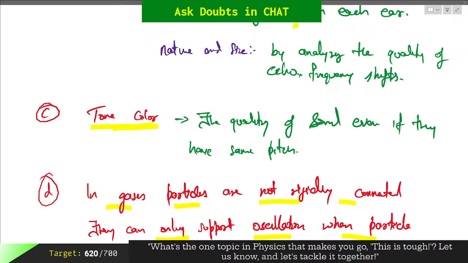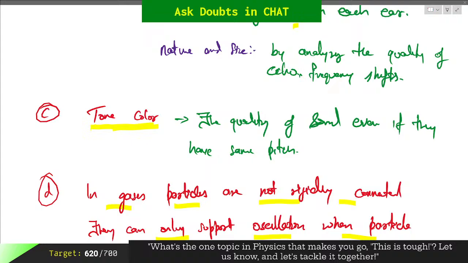The violin and sitar have different body structures, materials and modes of vibration, which produce a unique set of harmonics along with the fundamental frequency. The distinct combination and intensity of these harmonics or overtones give each instrument its characteristic sound, which we call tone color, allowing us to distinguish between them even when they play the same note.